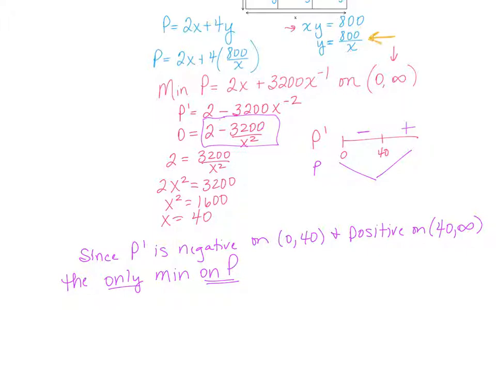So you're telling, hey, it's the minimum on P, and that's what you're trying to minimize, is when x equals 40. There's your justification.